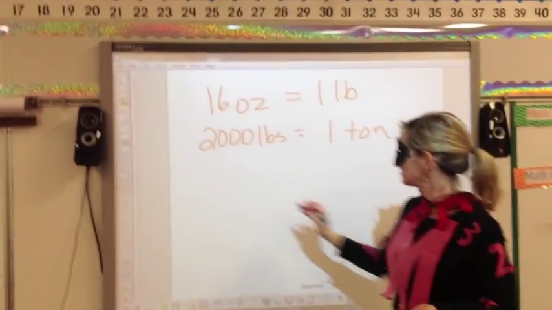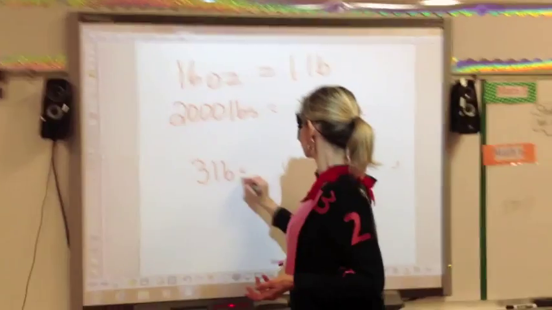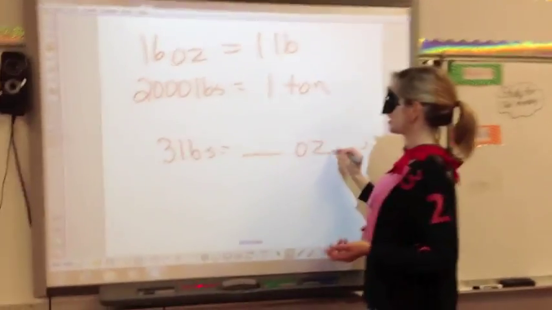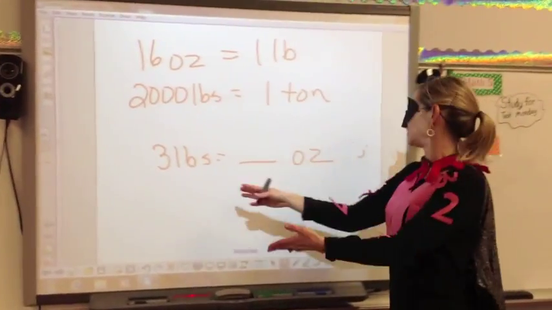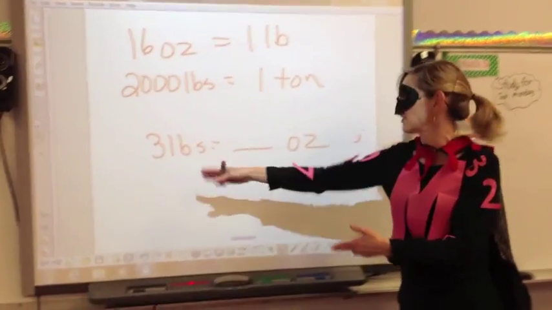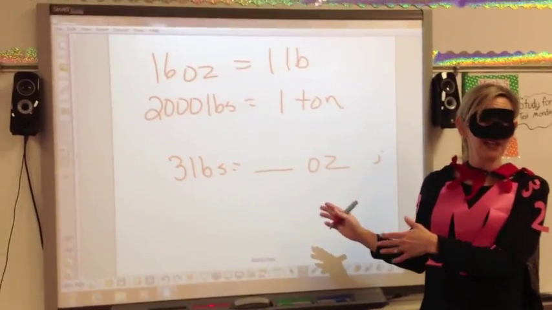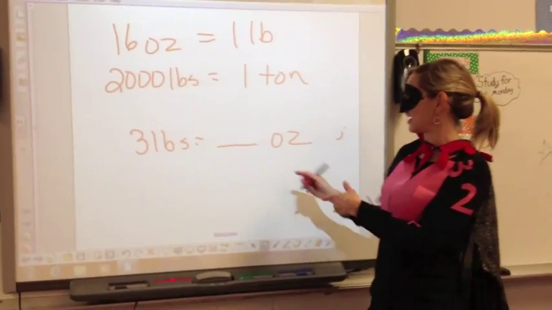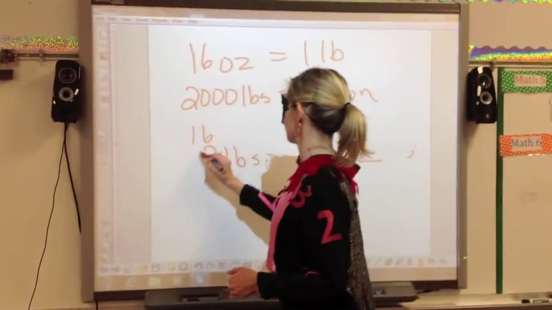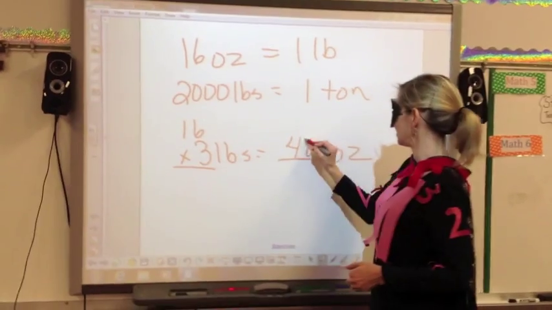Okay, let's do a little practice. If I have 3 pounds, how many ounces is that? Remember, if we're going from a big unit to a small unit, and pounds are bigger than ounces, we multiply. There are 16 ounces in a pound, so 3 times 16 is 48 ounces. Good job.